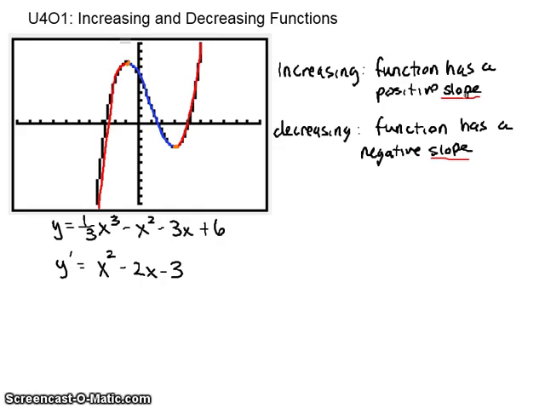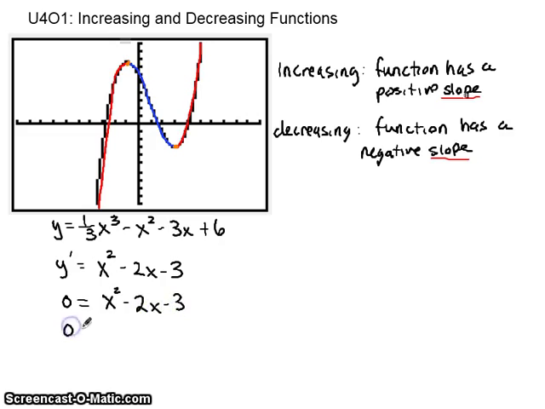But if I want to know when x squared minus 2x minus 3 is positive or negative, I need some sort of anchor point. So let's think about when my function's actually 0, and that's going to allow us to come up with when our first derivative is positive or negative. If we set our first derivative equal to 0, we get 0 equals x squared minus 2x minus 3.